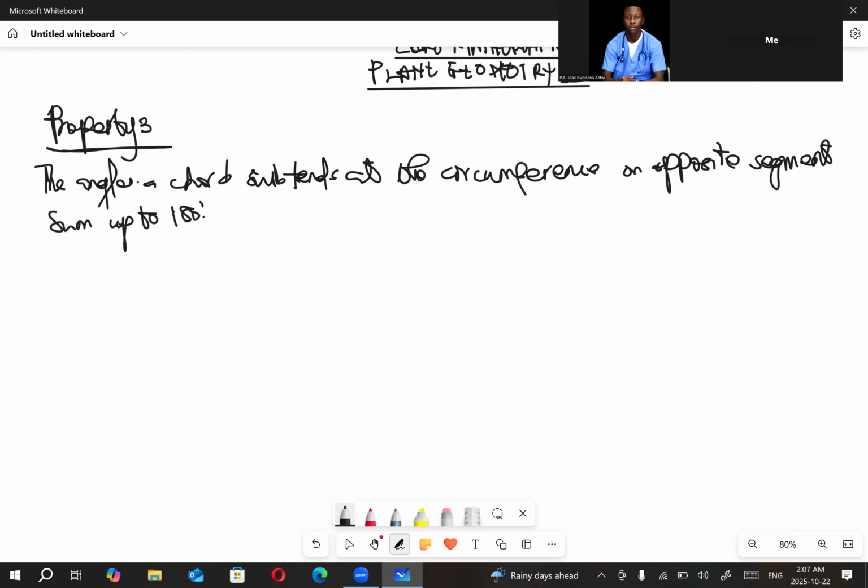You can write supplementary, but when we are solving and you are indicating the property, don't include it. I just want you to know that when angles sum up to 180 degrees, we say they are supplementary.